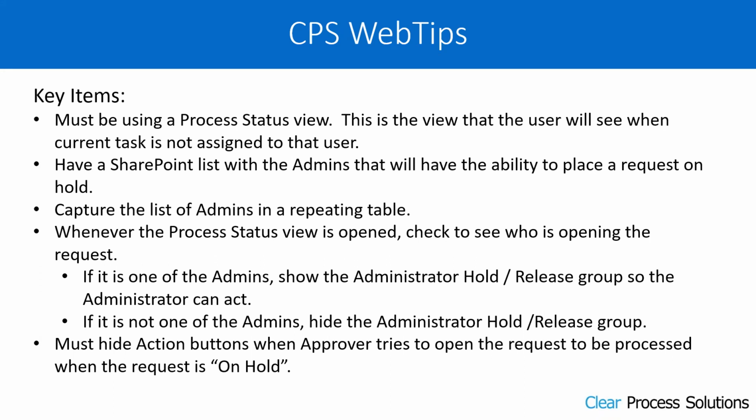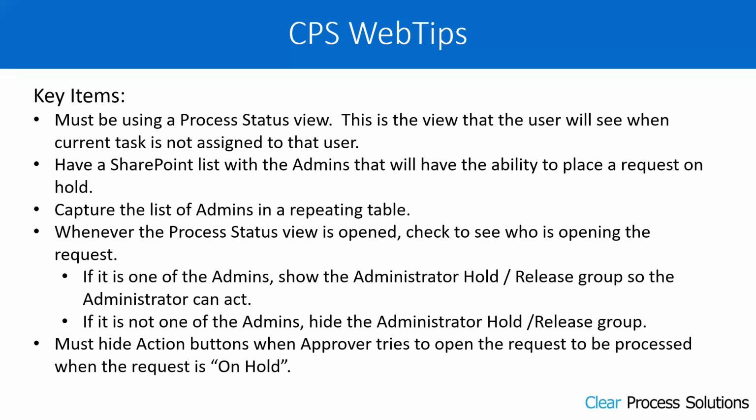The second thing we have to do is set up a SharePoint list with the administrators that will have the ability to place the request on hold. The next thing we need to do is capture that list of administrators in a repeating table on our form. Then whenever the process status view is opened, we will check to see who is opening the request.